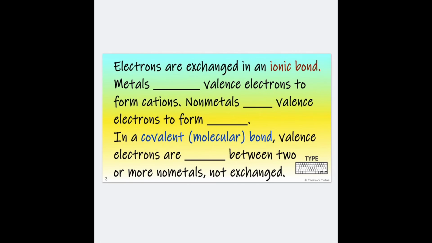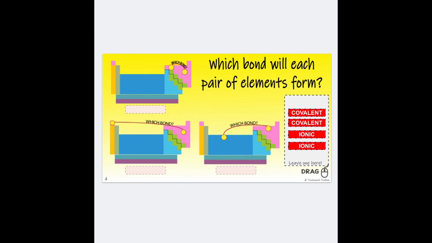I really should have taken that off of there. In a covalent or molecular bond, valence electrons are shared between nonmetals, not exchanged. So really I should have taken that slide off of there, but I didn't. So oops. Anyway, I'm not really worried about slide 3. Y'all can skip it if you want. I'm not worried about valence electrons right now. That comes later.